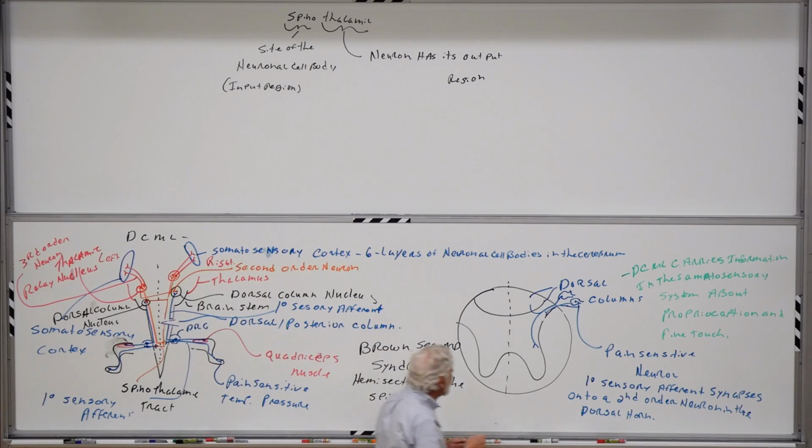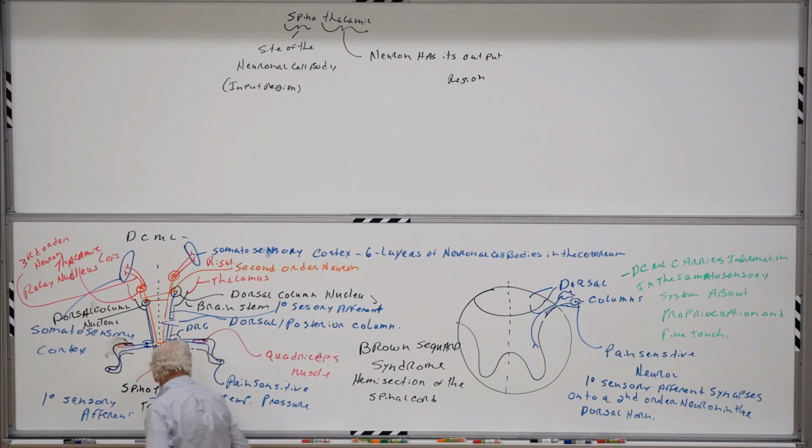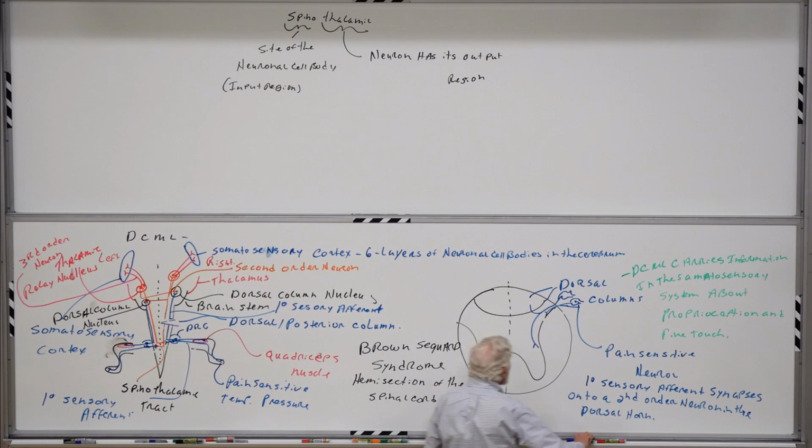And maybe that would be helpful if we would follow through here in the cross-section, where the primary sensory afferent now comes into the spinal cord and almost immediately synapses onto the second order neuron.